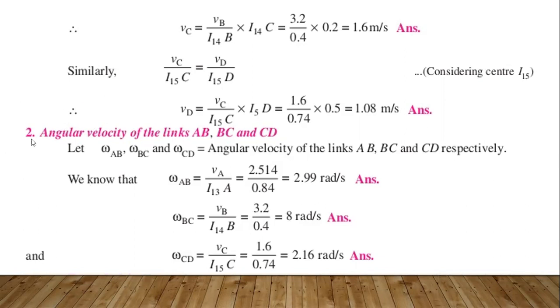Next, we go through similar steps for BC and CD also. So omega of BC is taken as velocity of B by instantaneous center of 14 into B, and we got 8 radians per second.